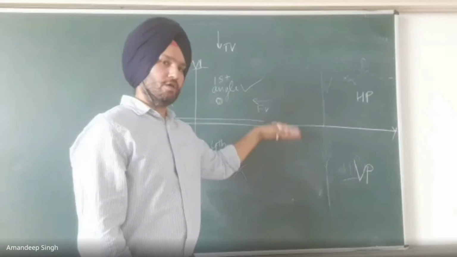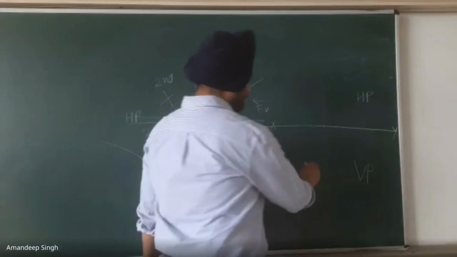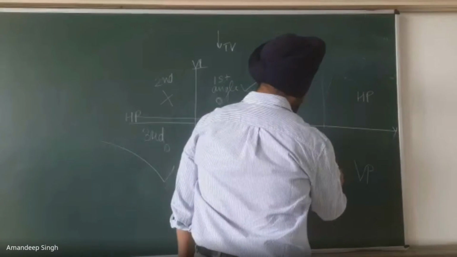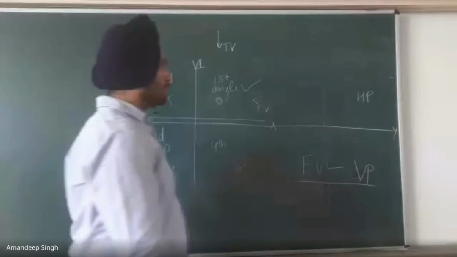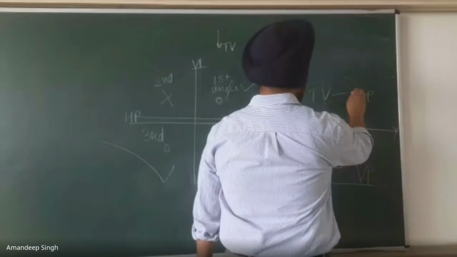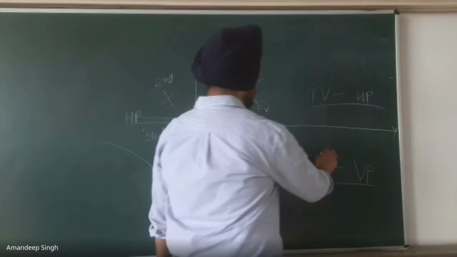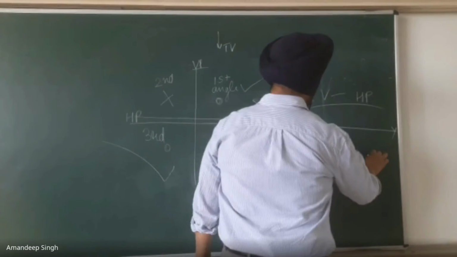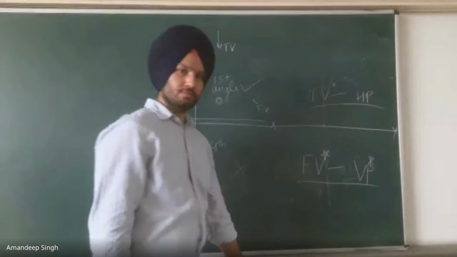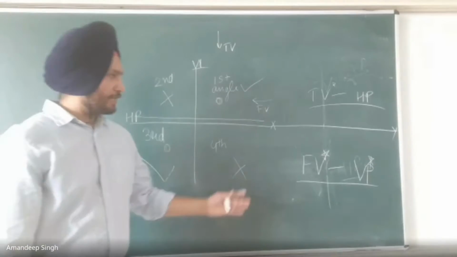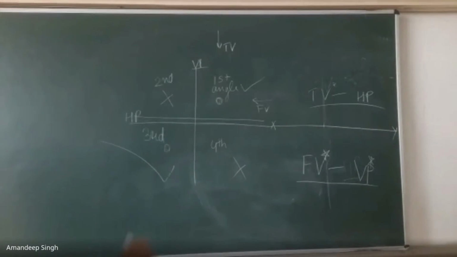HP is above the reference line and VP is below the reference line. Front view is always on the vertical plane. Top view is always on the horizontal plane. You cannot change this. The front view will always come on VP. Top view is always on HP. Just to remember, these are first and third angle projections. We are not assuming second and fourth here.